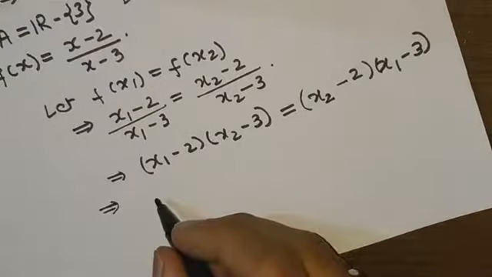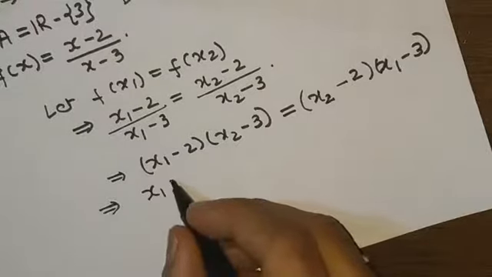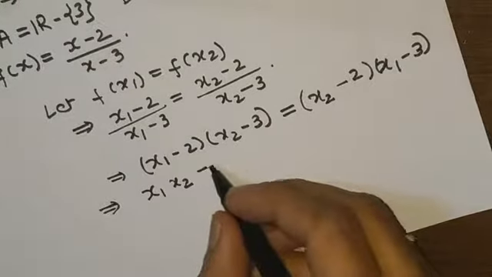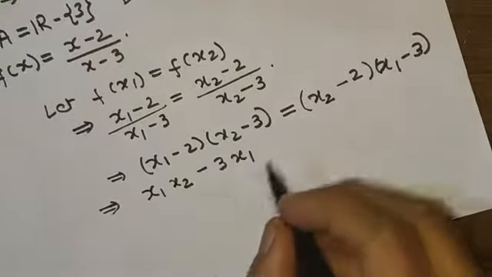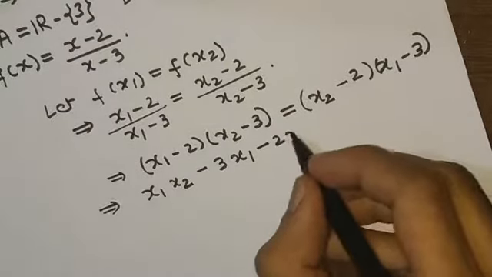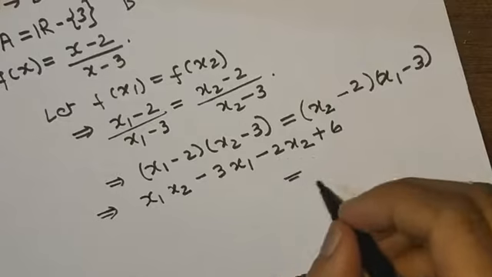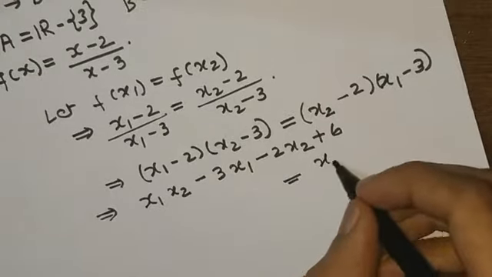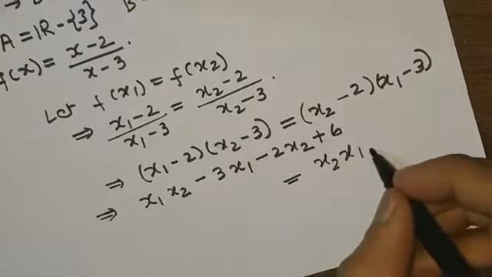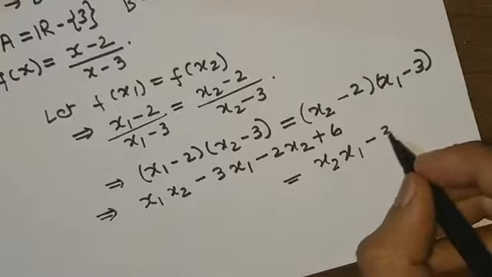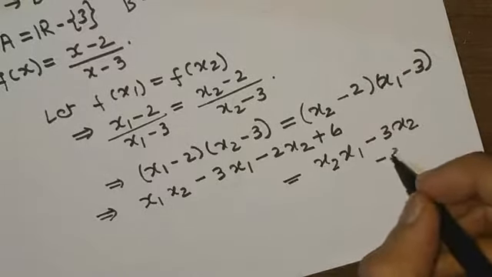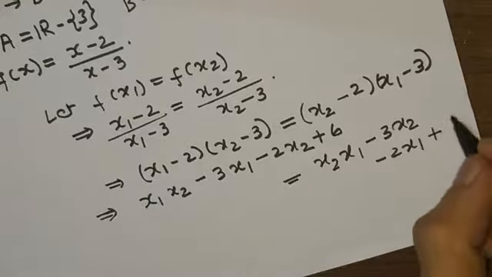Now if you simplify this, you will get x1 multiplied by x2 minus 3x1 minus 2x2 plus 6, which is equal to x2 multiplied by x1 minus 3x2 minus 2x1 plus 6.